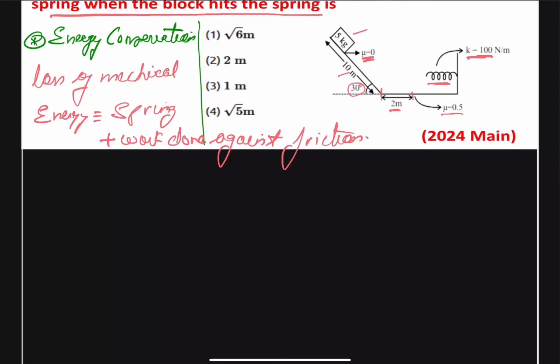And therefore, in terms of equation, we can write this as mgh minus our force because of the friction times x minus half k x square is equal to 0.